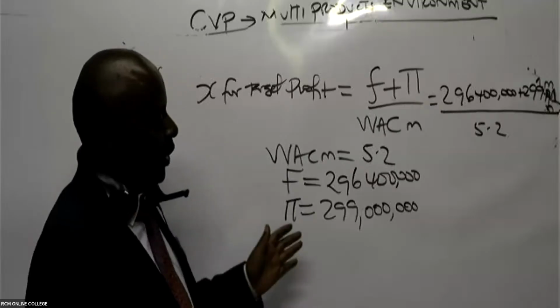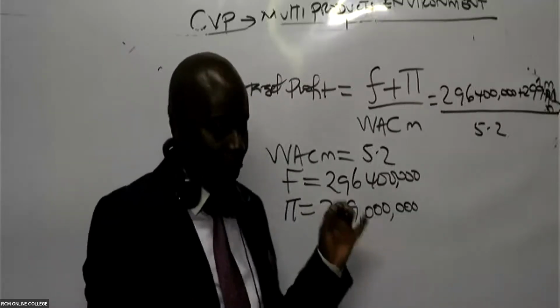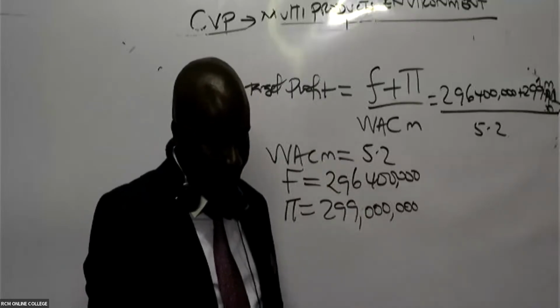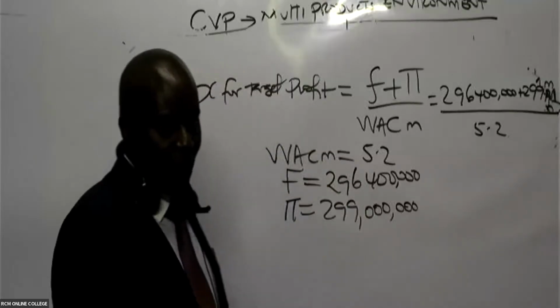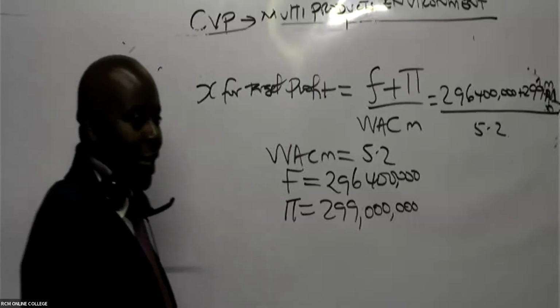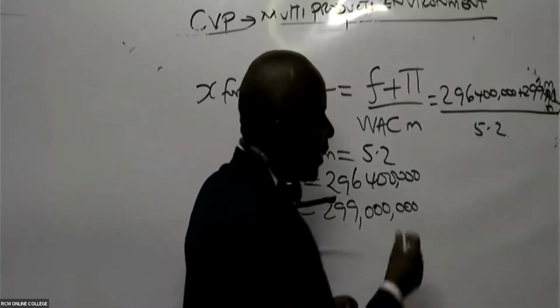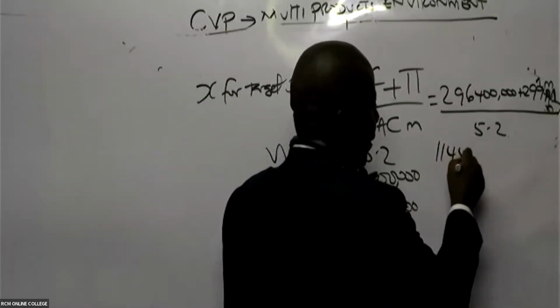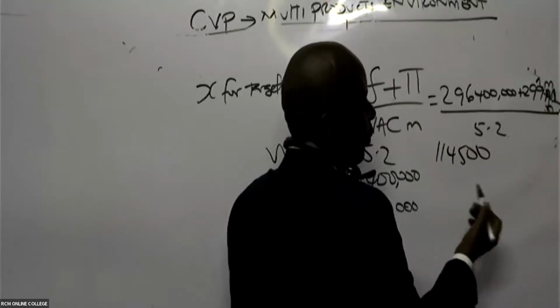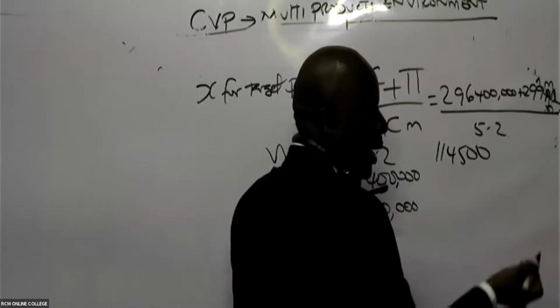So remember, this is 296.4 million plus 299 million equals whatever answer you get, and you divide by 5.2. What answer are we able to get? 114,500. This is not ugly, this is very good. Units or bags, isn't it?